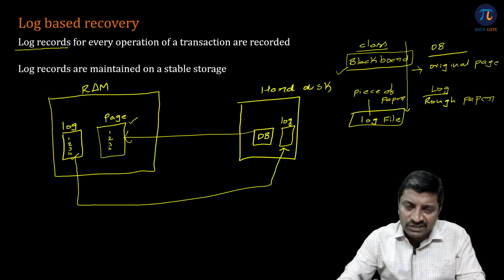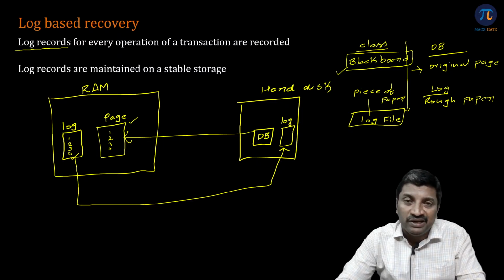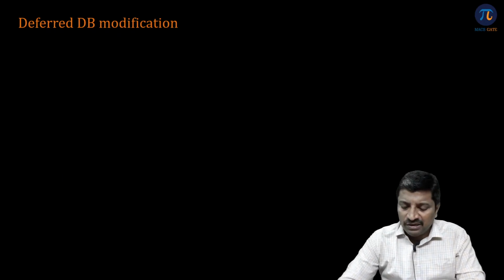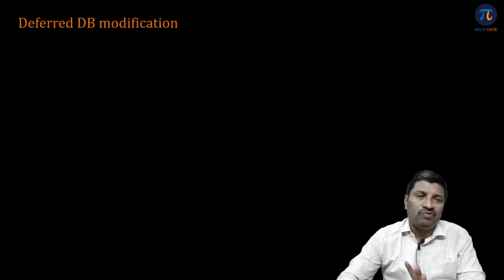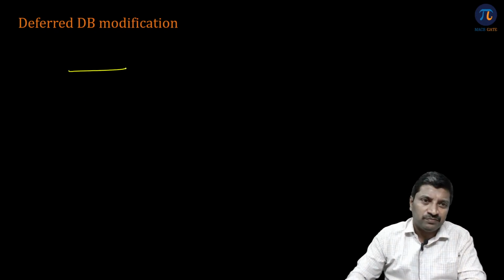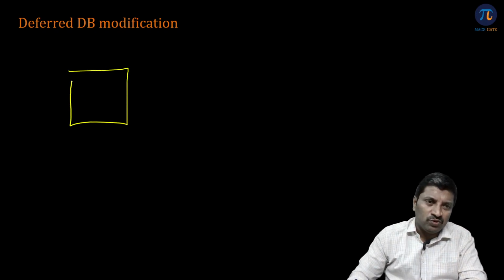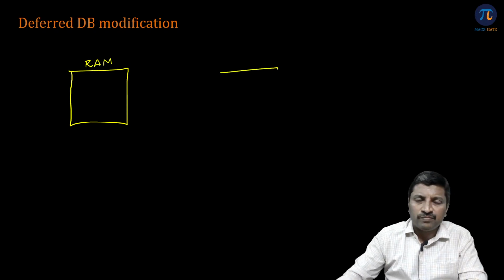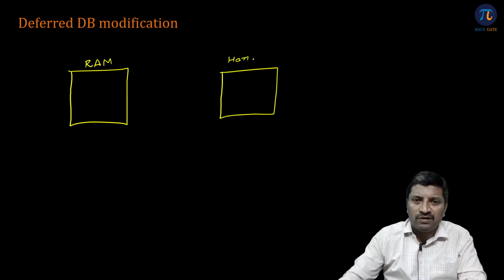Now let us discuss the two types of schemes in log based recovery and what the main differences between those two schemes are. Coming to the first one, deferred database modification. What is deferred database modification? Sir, as we said, this is the RAM. This is the hard disk. This is my database.